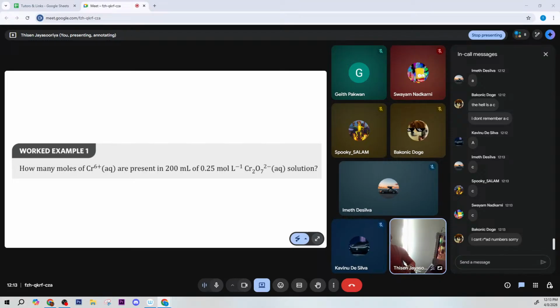I'll get you guys to have a go at this calculation. How many moles of chromium 6+ are present in 200 mL of 0.25 moles per liter of Cr2O7 2-? What do you guys get for this?